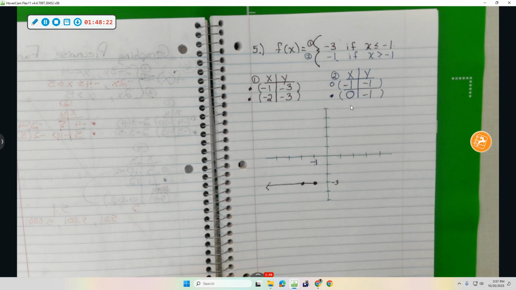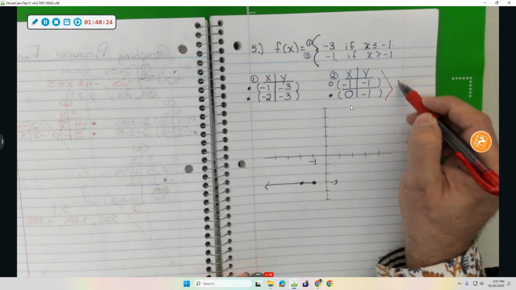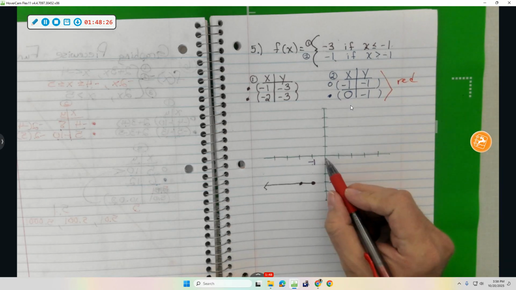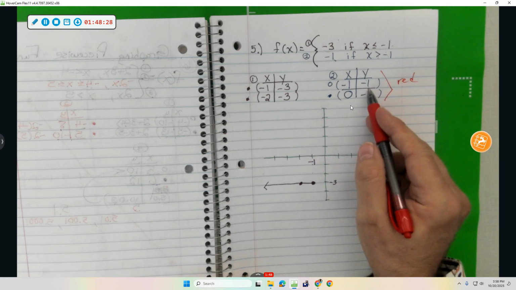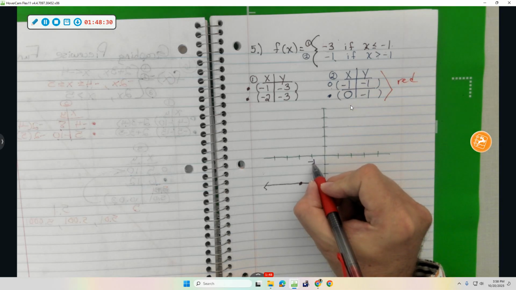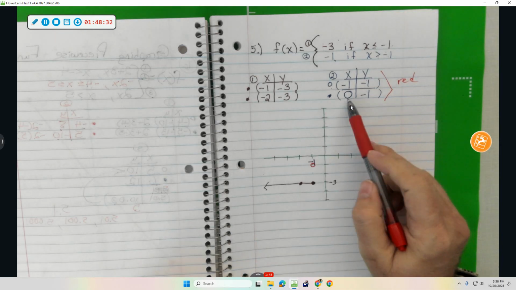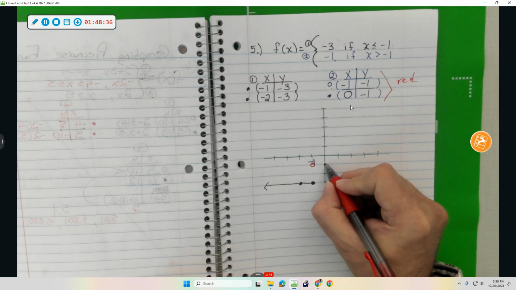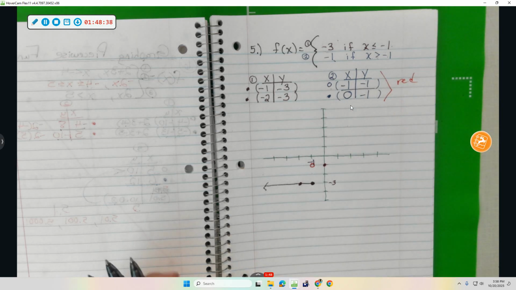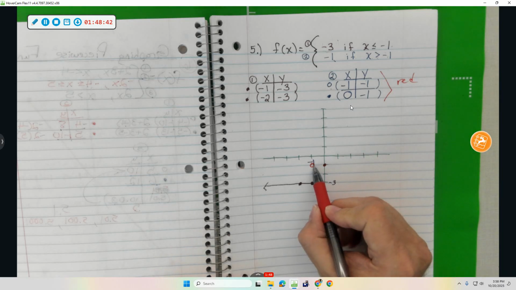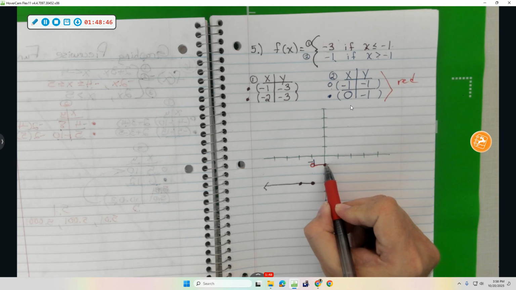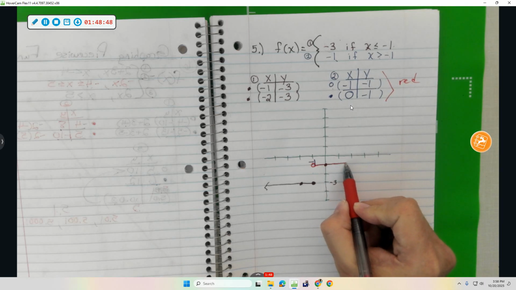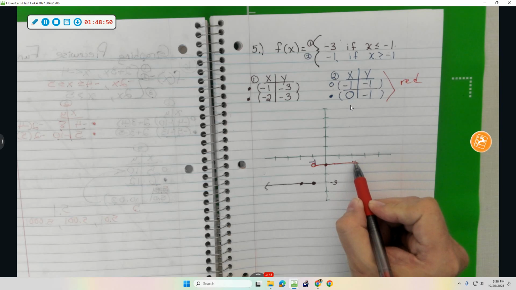Okay, I'll use red for this. Okay, so left 1, down 1, open circle. Over 0, down 1, just a dot. It looks like a closed circle, doesn't it? You start at the cut point, and it's going to the right forever. I'll put a little arrowhead.